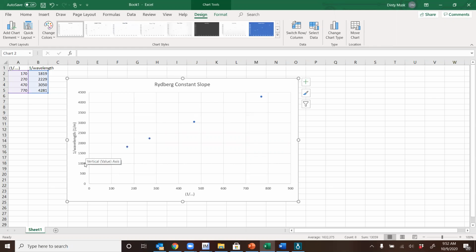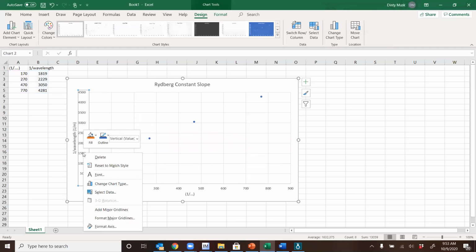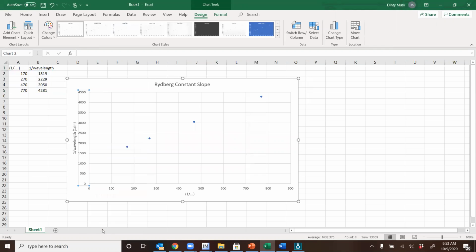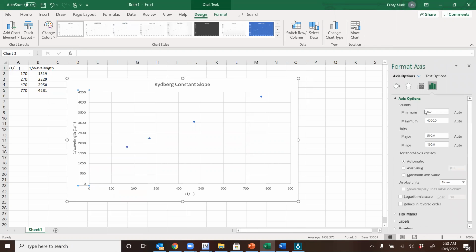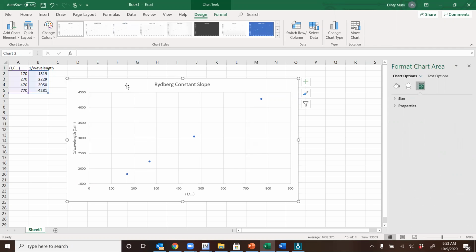So we could start our Y at 1500 instead of 0, and it would be a nicer looking graph. So I'm going to right click on that axis and go to Format Axis. And I'm going to start my graph at 1500 instead of 0. And I just hit enter. And now I have a graph that looks a lot cleaner because there's not as much wasted space.